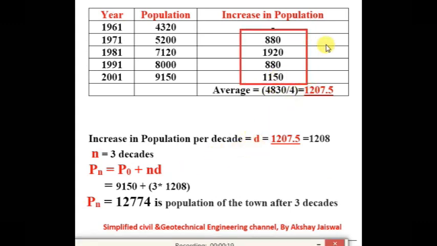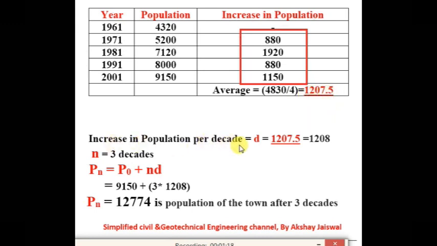For taking the average, just add 880, 1920, 880 and 1150, and after adding all these values, divide by 4, as there are 4 values in this table. The total of these 4 numbers is 4830, and after dividing by 4 we get the average, that is 1207.5.